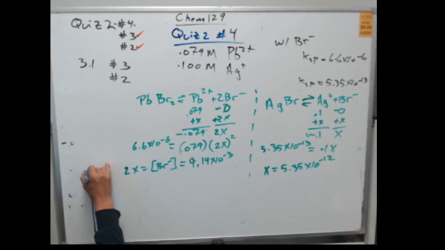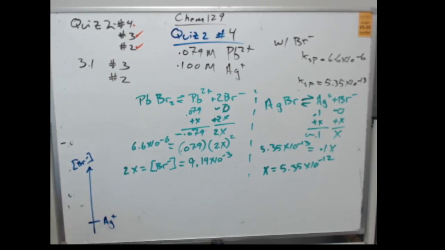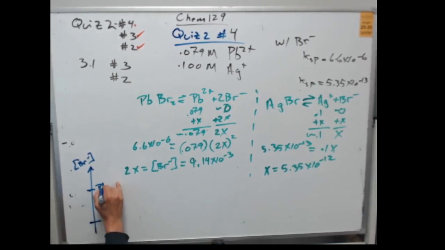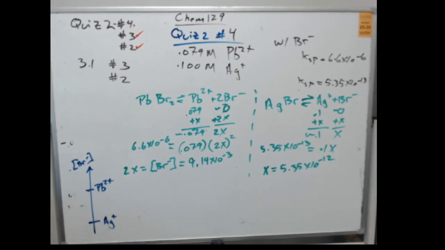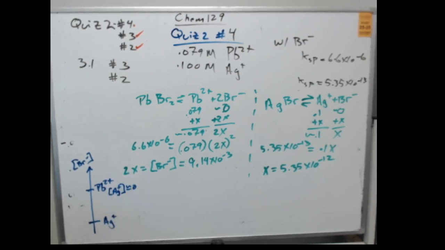So I can go ahead and draw this now and say my bromide concentration is going up. Here I'm going to saturate silver at that really low concentration. I'm going to saturate lead at this much higher concentration. At this higher concentration, my silver concentration is approximately 0.